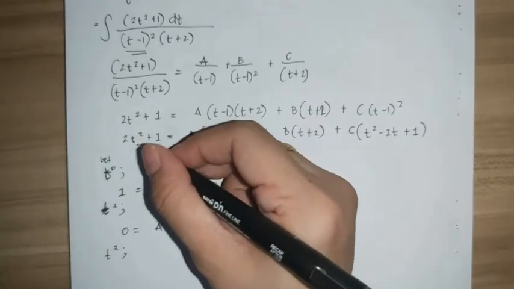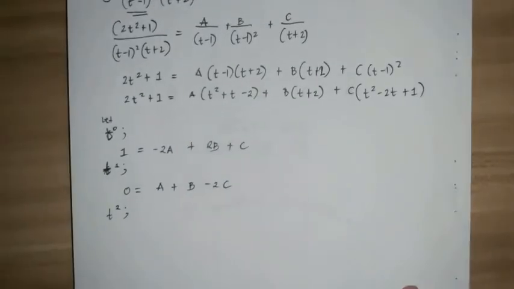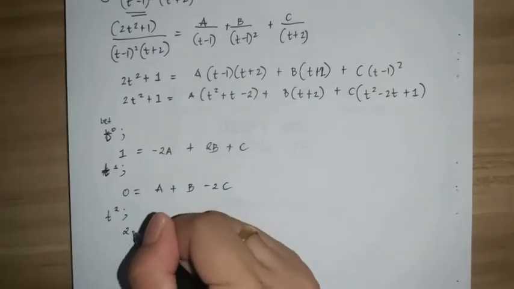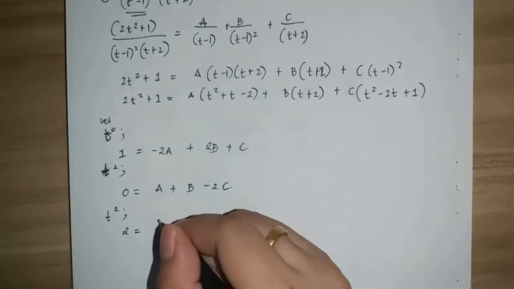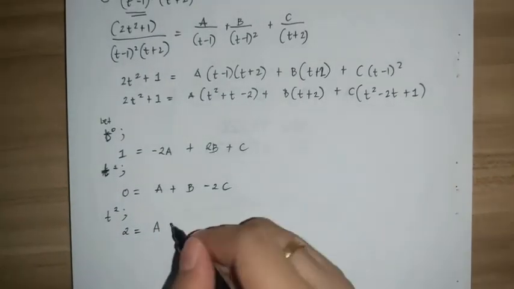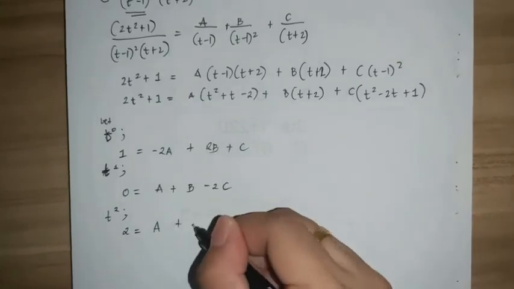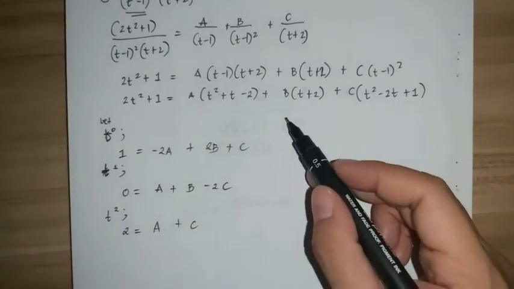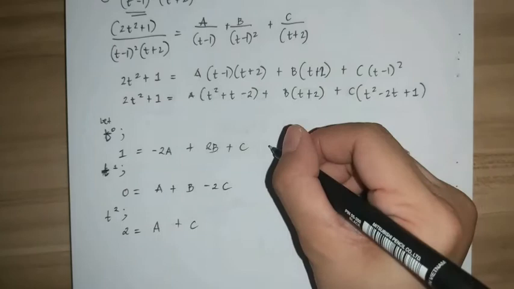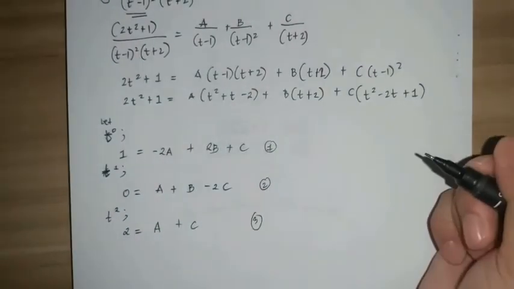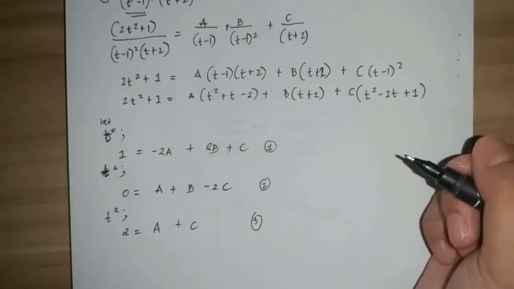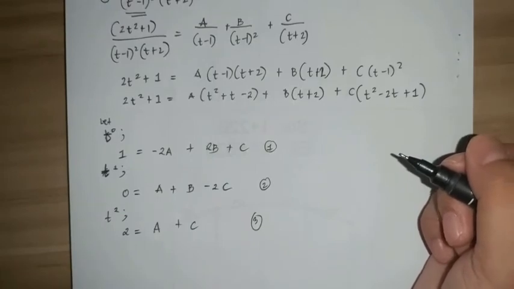With this one, on our left side, we have 2. So we have 2 is equal to this one here. We have just a, plus c. This one, none here. So if this is equation 1, equation 2, equation 3, if you input this in your calculator, you will get the value of a.